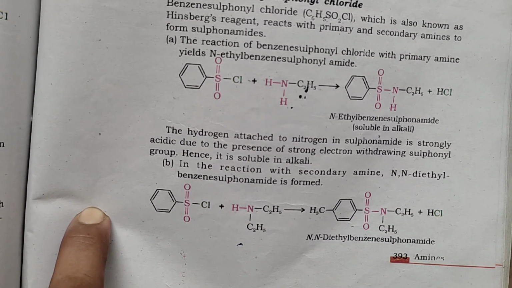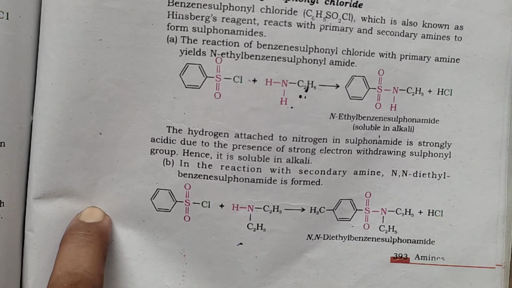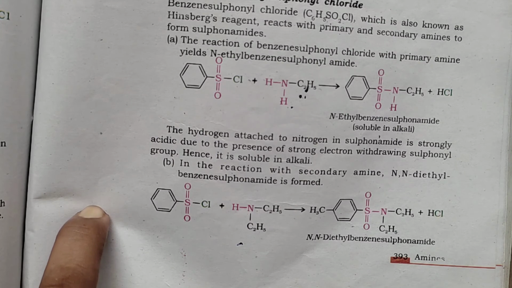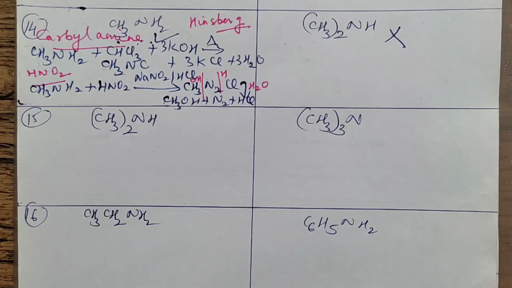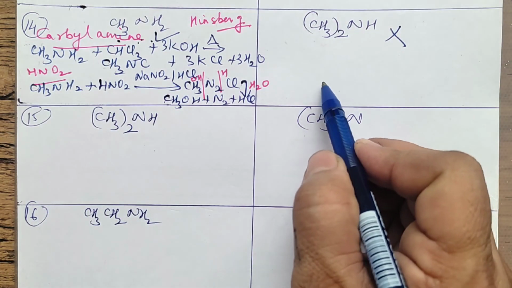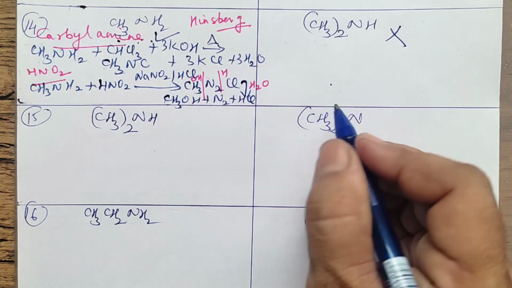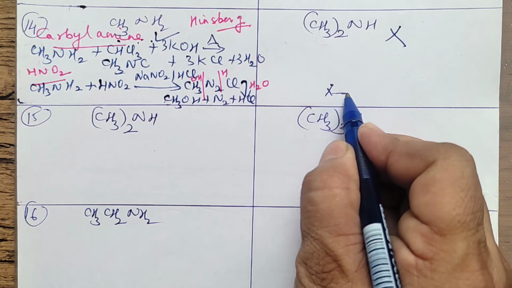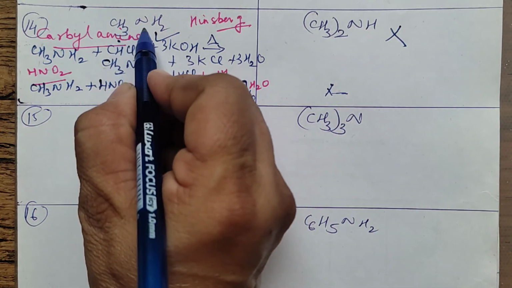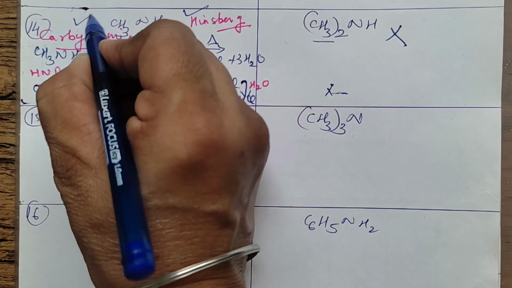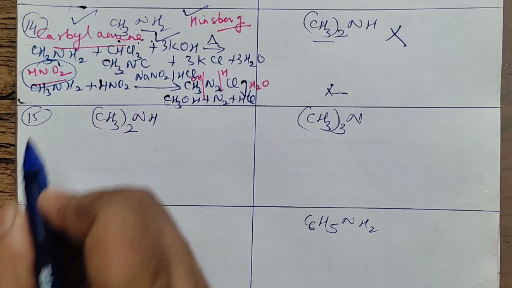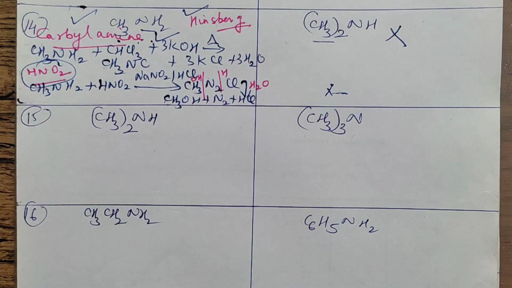So for 1 degree and 2 degree, you can use the carbylamine test, the nitrous acid test, or the Hinsberg test. Clear? Because in your NCERT book, with nitrous acid 2 degree, they write that it will react differently, and that equation they have not written. So if 1 degree and 2 degree is asked, I would prefer you write Hinsberg and carbylamine. This you can leave. Nitrous acid we can take more particularly for aliphatic and aromatic amines.